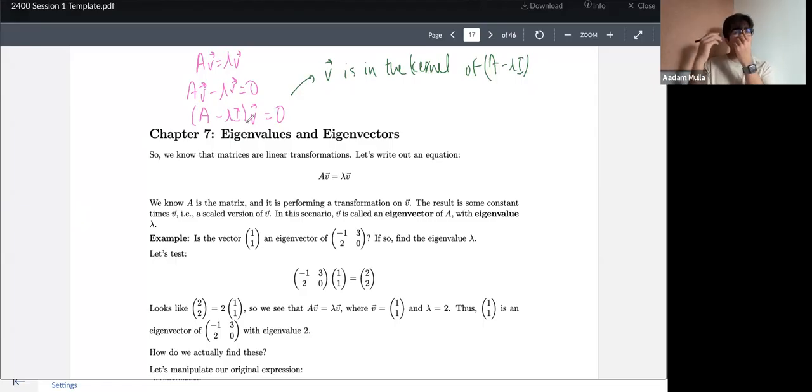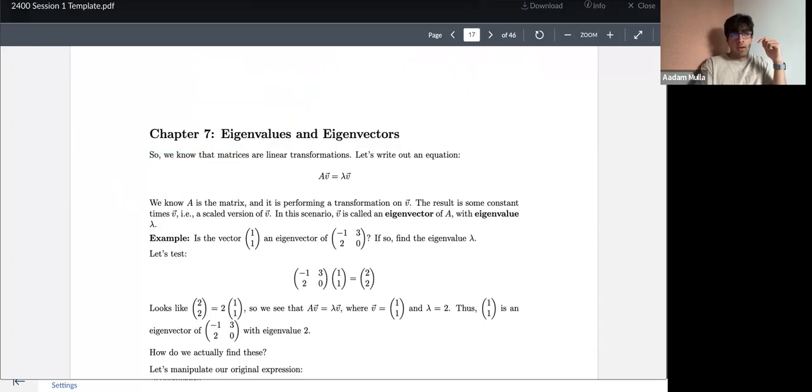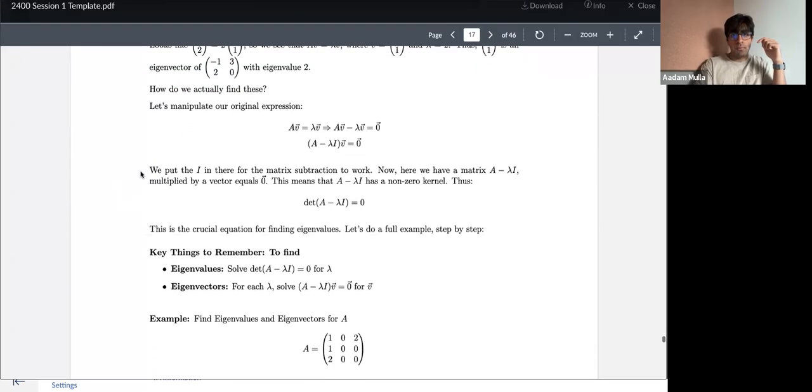If you remember from that chart we did in chapter 3, if a matrix has a kernel, then its determinant is equal to 0. So because this matrix has a kernel, the determinant of A minus lambda I must be equal to 0. And this is the key equation you have to remember. It should be down here a little bit. Boom.